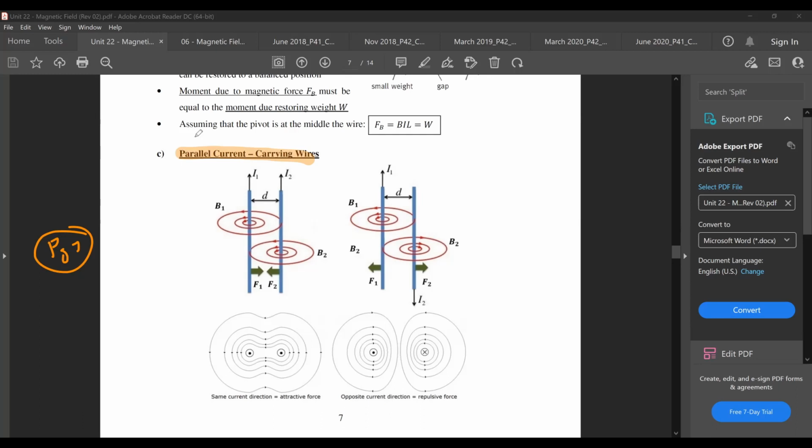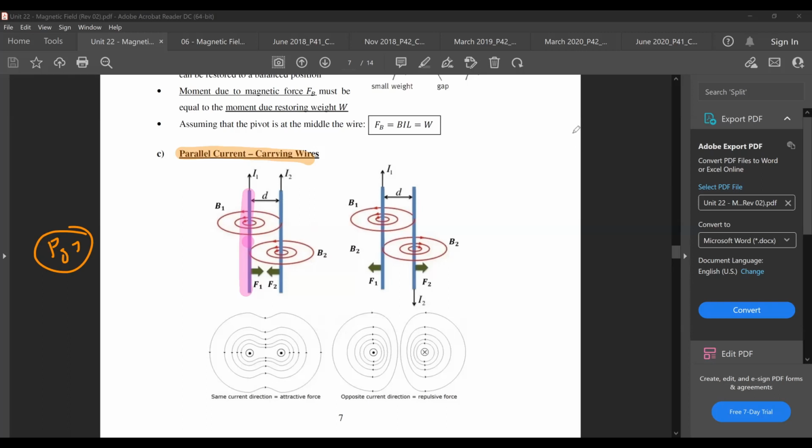So when you have parallel current carrying wires and you place the wires close to each other, the wires would each experience a magnetic force, because one of the first things I mentioned earlier in the lesson was that current carrying wires, because they have moving charge, produce their own magnetic field, they behave like magnets.